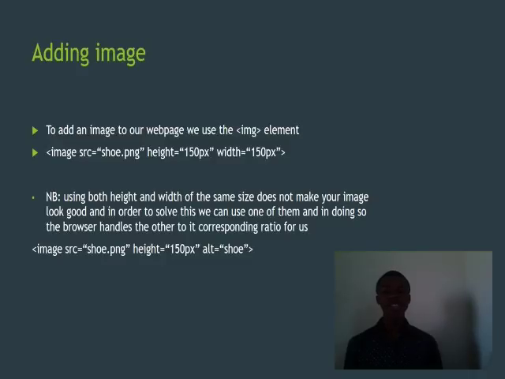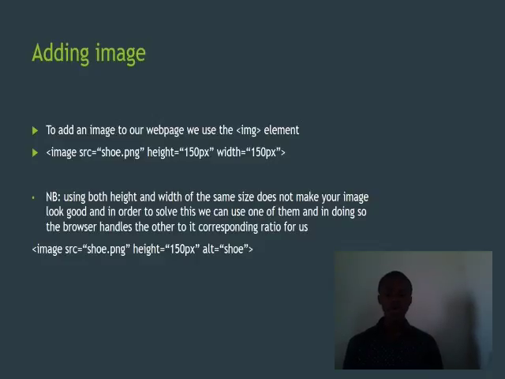Now, adding an image, you call the image element. The image element is a void element, and therefore when you open, you don't have to what? Close it. That is what you have to understand. So you call your image element, pass your source, in this case shoe.png, so it will bring out a shoe image, and then I am passing a height and a width.